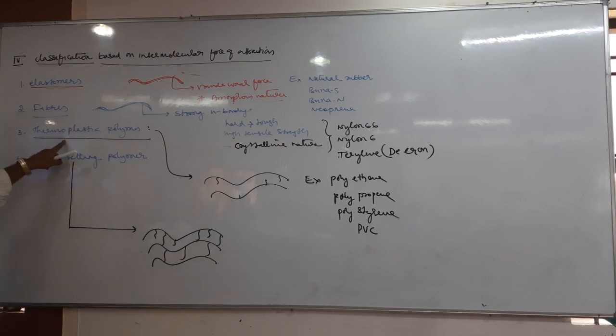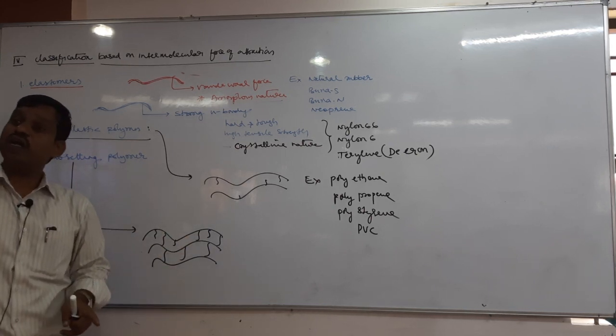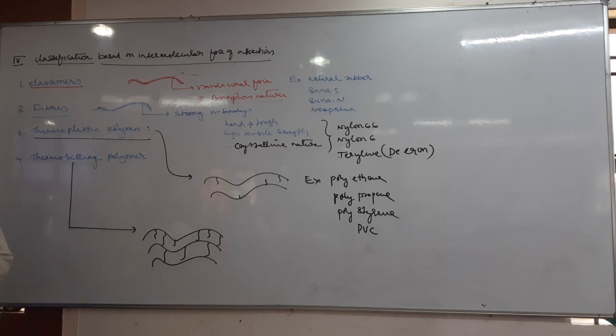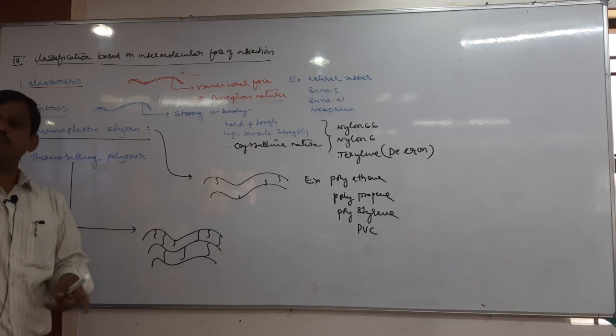In case of thermoplastic polymer, these polymers are capable of softening on heating and hardening on cooling. But in case of thermosetting polymer, these polymers become hard on heating, not soft. They become hard and even infusible on heating.